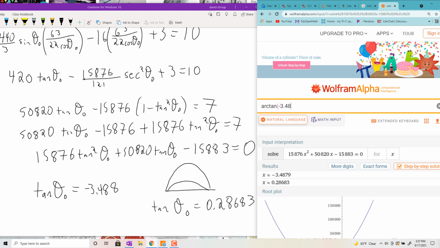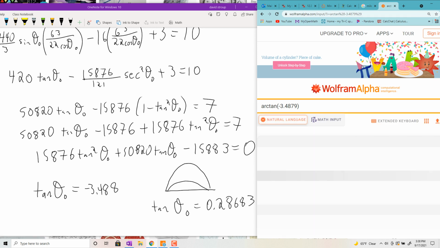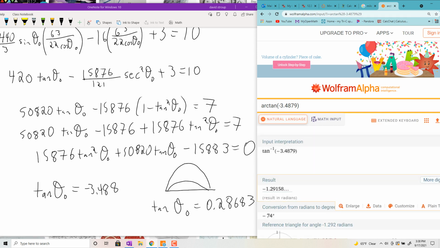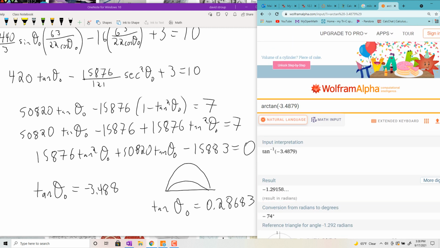Let's just use the number there, 4879. So that's definitely not what we want. But I think we're in degrees, so that might have been in radians. So definitely not right. So let's try the other one.